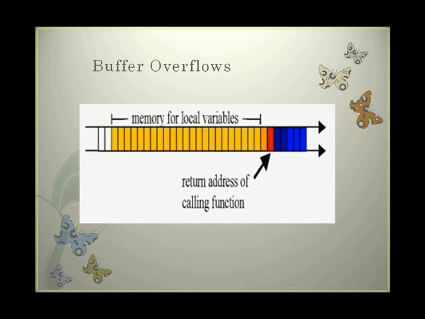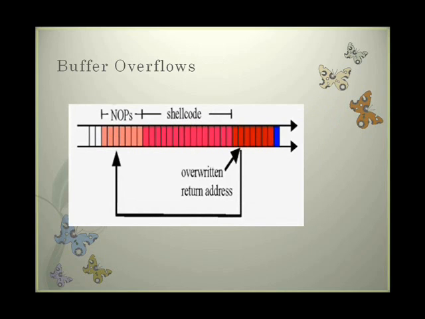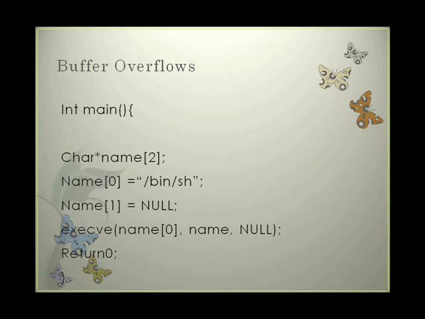Now this diagram shows a situation of a buffer, and the red part shows the return address of the calling function. Now assume that the buffer overflows. Now see what happens. The return address has been overwritten. This code will show how the buffer overflow is implemented.